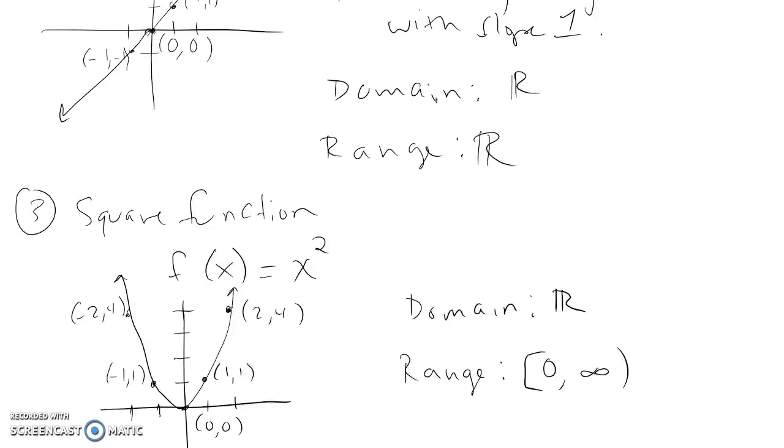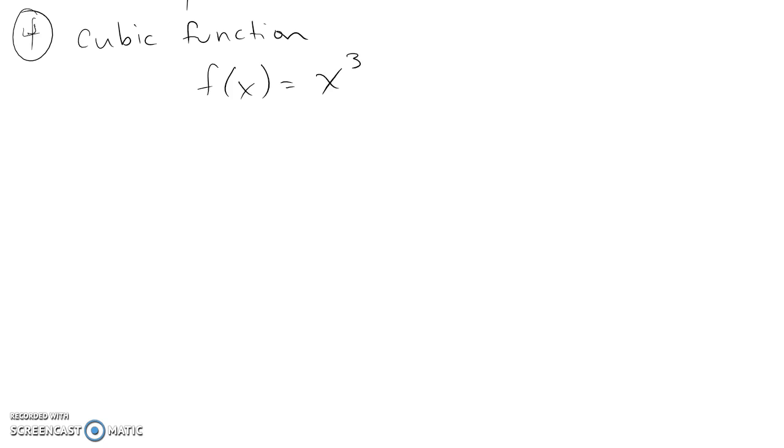The fourth function that you need to know, the book calls it the cube function, but it's more generally called the cubic function, so that's what I'm going to call it, which is f of x equals x cubed.